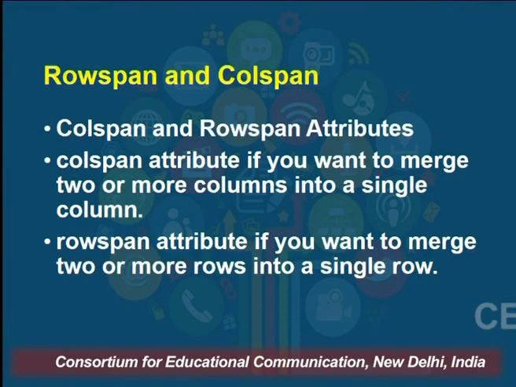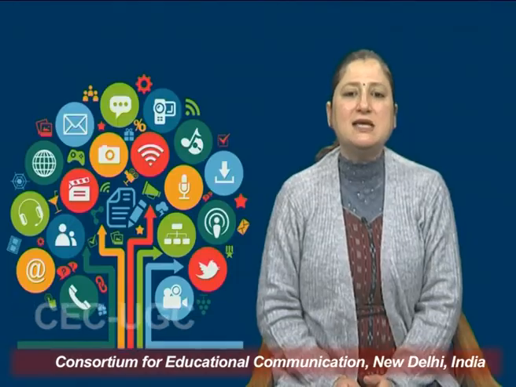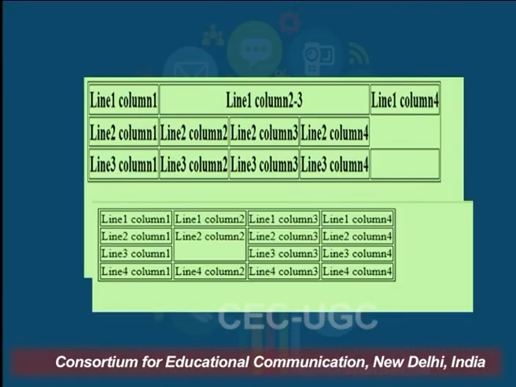Now, besides this, sometimes we also intend to merge the cells in the table. There is a need to merge the cells in a table. Like you can see in this example, where in the first row the second and the third column have been merged, right.